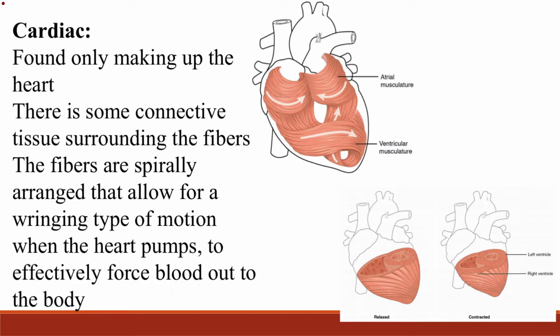The cardiac fibers are arranged spirally, so you see that here, right? And so that is so that you get the maximal amount of blood expelled during contraction. So you get kind of a ringing action, okay? And so that's why the fibers are arranged spirally.